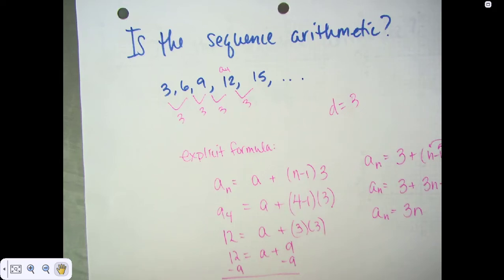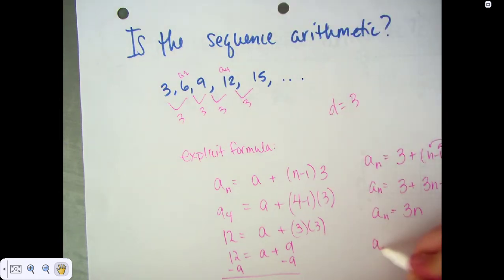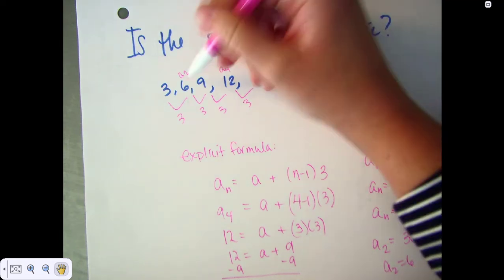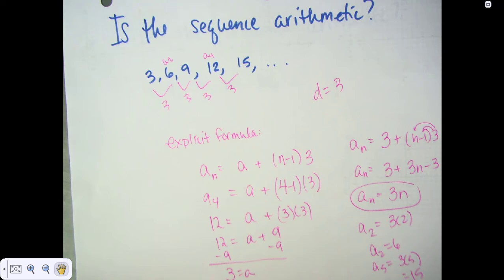So now let's check it and see if it works for, I don't know, you do a sub 2. So if I'm checking a sub 2, 3 times 2 is 6, which is the second term. If you wanted to check a sub 5, we would get 3 times 5, which is 15, which is the fifth term. So I think we're good saying that that is our explicit formula.